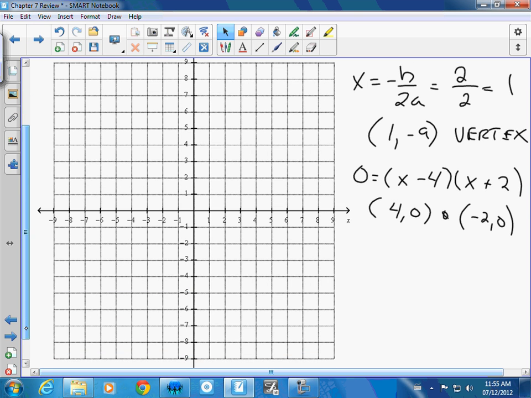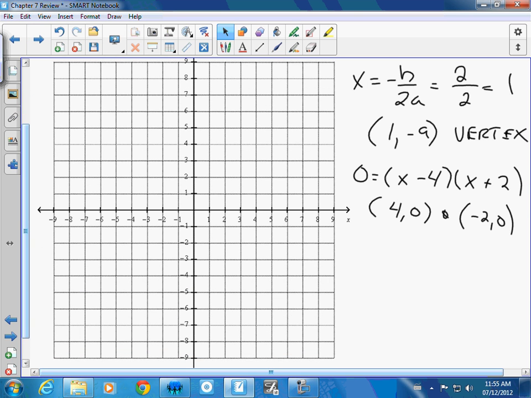Okay. Graph this thing. That would be nice. Vertex, 1 comma negative 9. Y-intercept was, what was it, negative 8? 4 and, whoa, my graph is so off, or my board is so off. And negative 2.